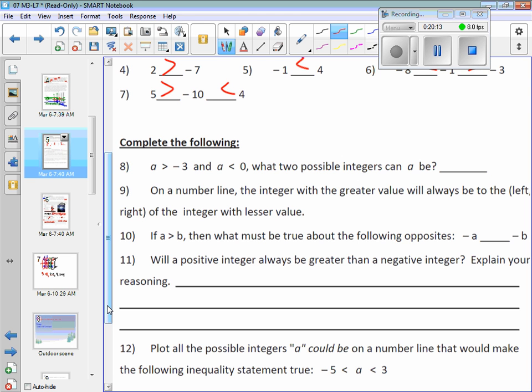Connor, 2, 8. What are my two integers that are in between -3 and 0, but not... Give it to me again. This is right.